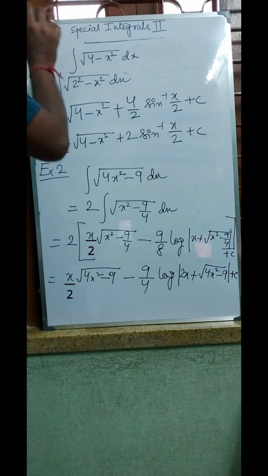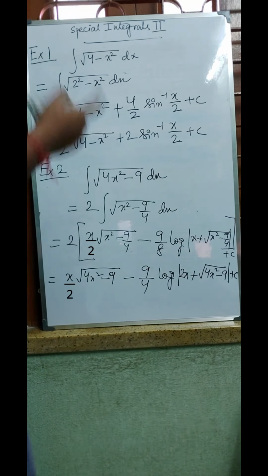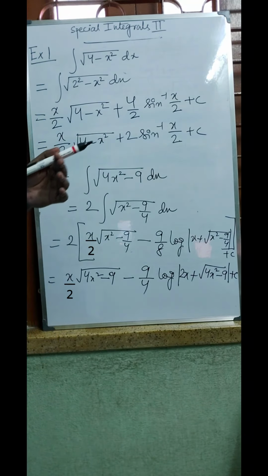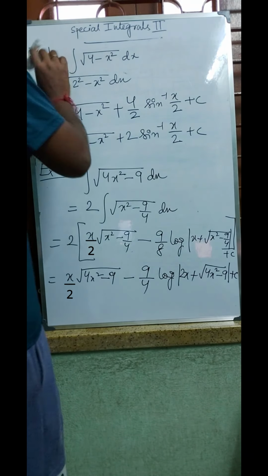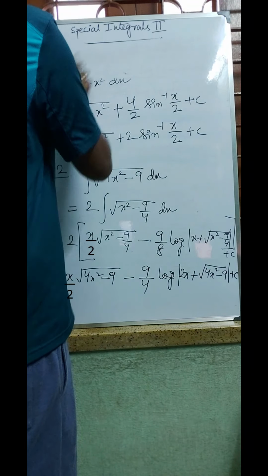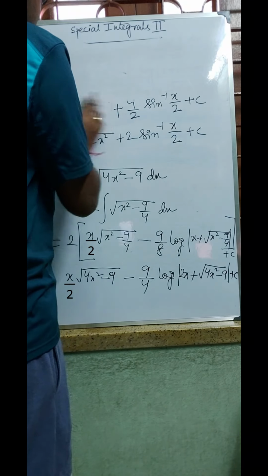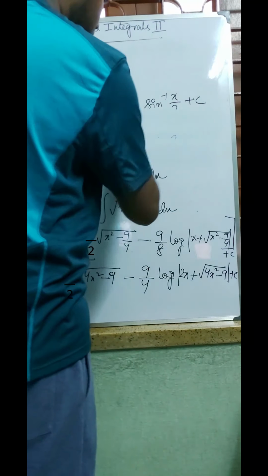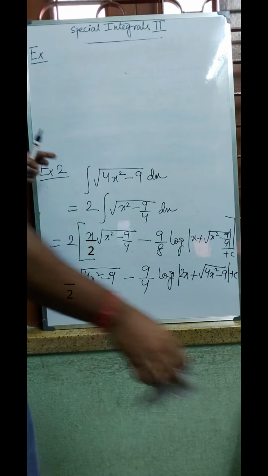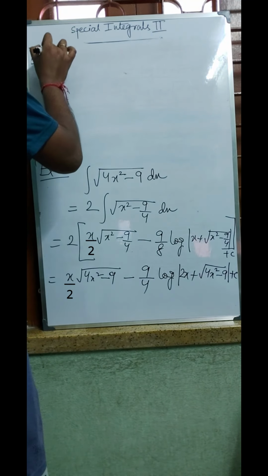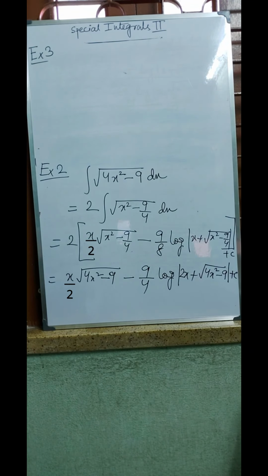Now the third example will be an example where it is not directly given in the form, it will be reducible to that form. Now let me just find out where the problem is.